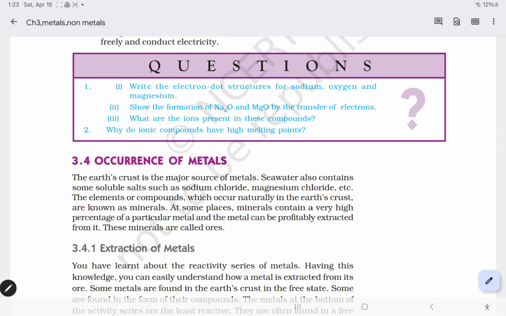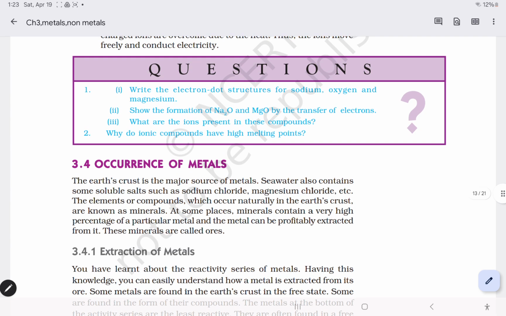Second, show the formation of Na2O and MgO by the transfer of electrons. Formation of Na2O, sodium oxide: each sodium atom loses one electron and becomes Na+, and oxygen gains 2 electrons and becomes O2-. So 2 sodium atoms are needed to balance one oxygen atom.